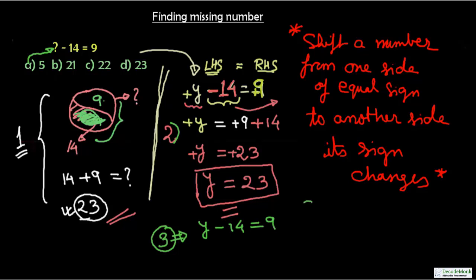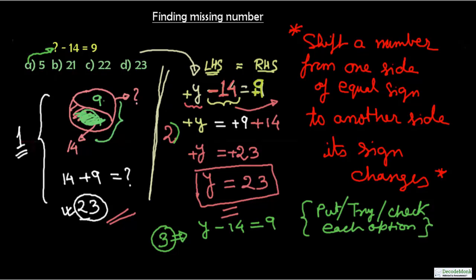I will plug in, or you can say try or check, each option to see if that makes the statement true. So y minus 14 equal to 9. Option A is 5. So 5 is less than 14.